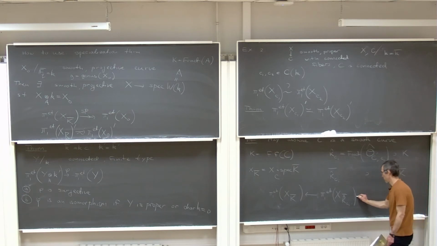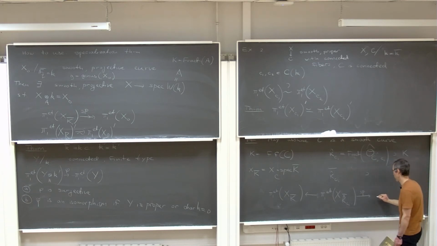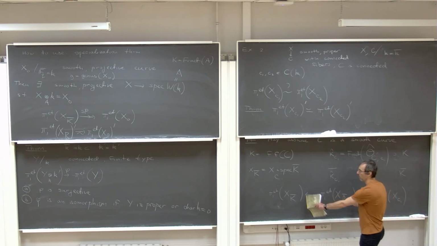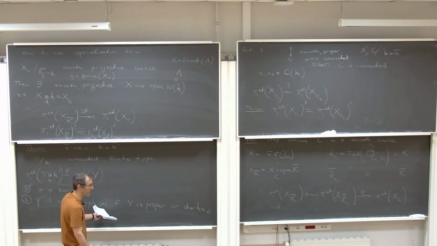And then from here, we have the specialization map, right? I take this complete discrete valuation ring, and we have the map from here to π1 étale of X_Ci. So this first map is an isomorphism by part B of this theorem.